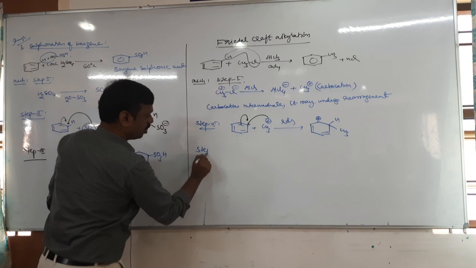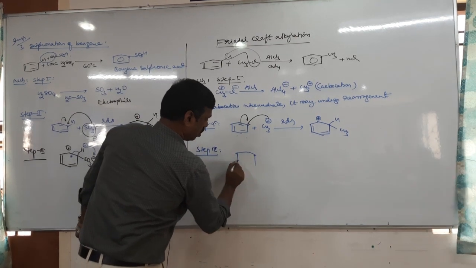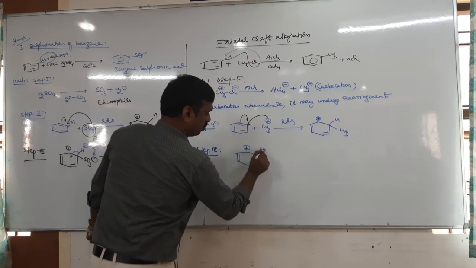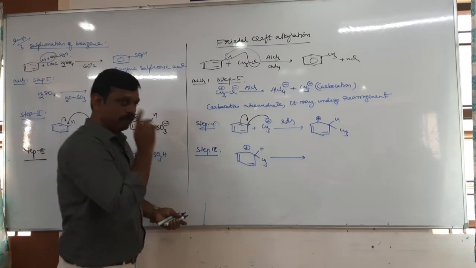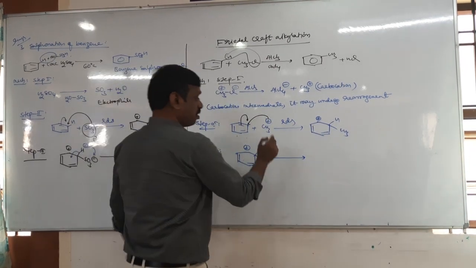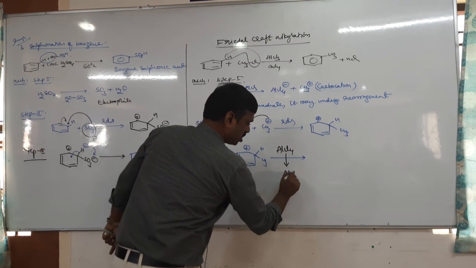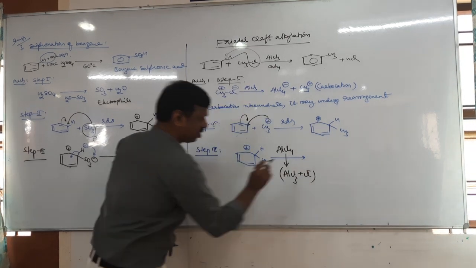Next is step 3, deprotonation. In deprotonation, let us take benzene carbocation. Now this reaction takes place in presence of AlCl4 minus, but AlCl4 minus produces AlCl3 plus Cl minus.